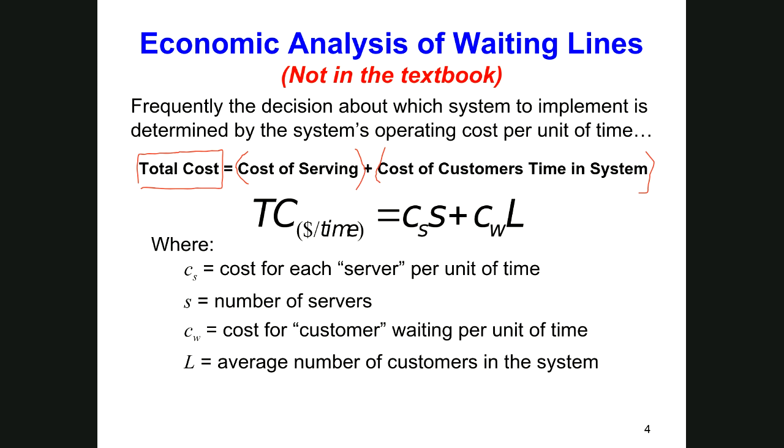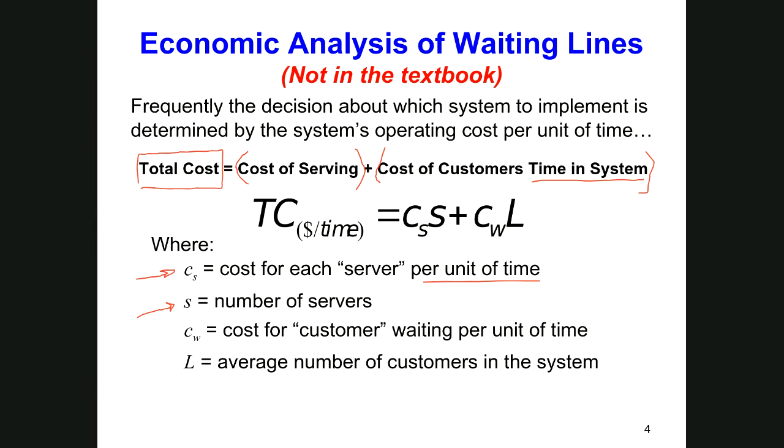the cost of your servers and the cost of the customers that are in the system. There are 4 terms that we're going to use. C sub S is the cost for each server, their per hour cost, their hourly wage rate. S is the number of servers that are being used.